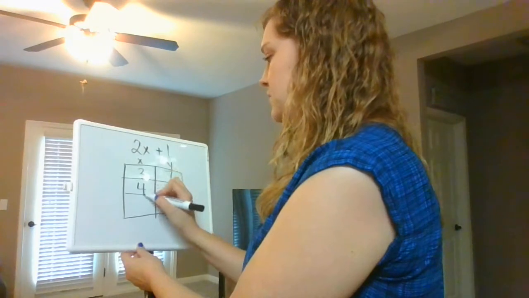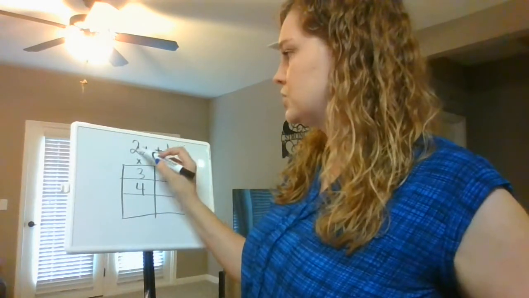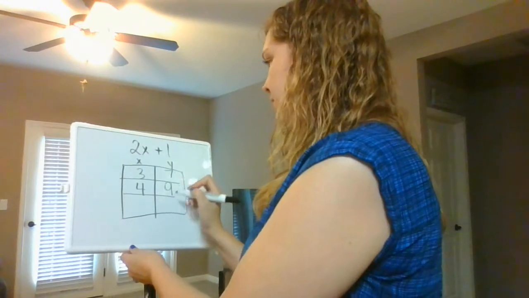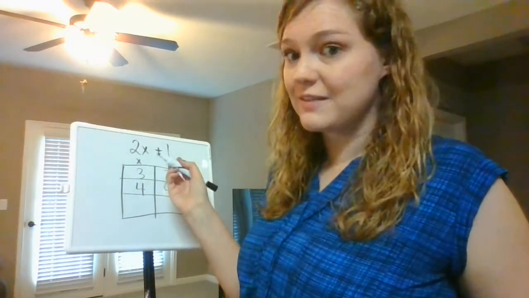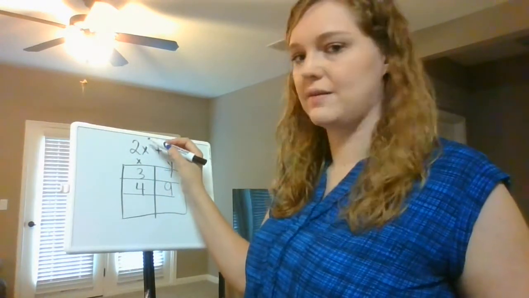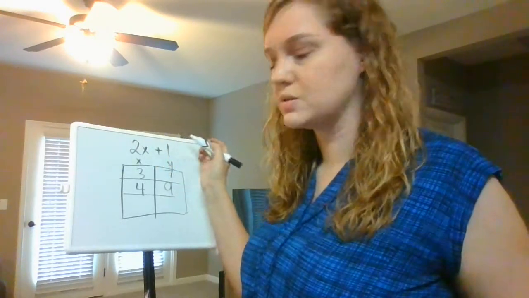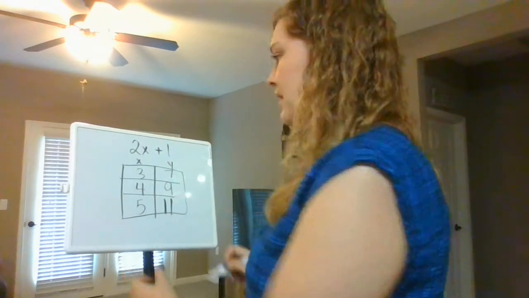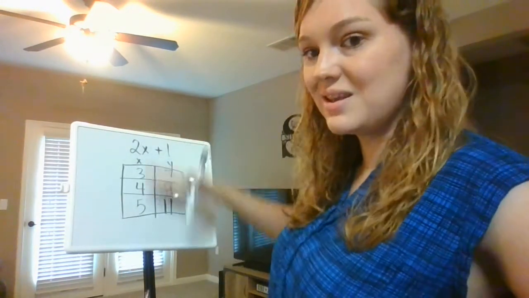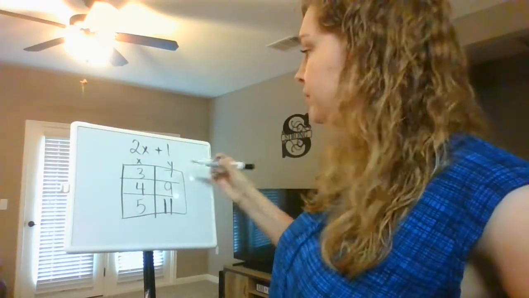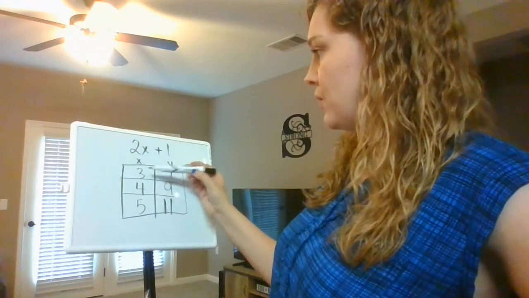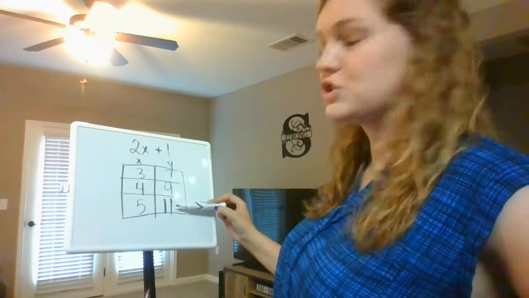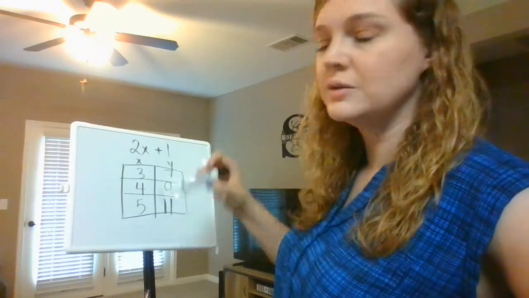What about if x was 4? Well, I can do 2 times 4 is 8, plus 1 is 9. Well, what if x was 5? 2 times 5 is 10, plus 1 is 11. So if x is 5, y is 11. And if you did this little table, you can see that every time x goes up by 1, y is going up by 2. So you can find that pattern there.